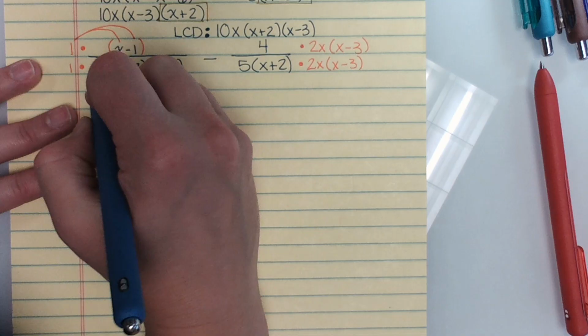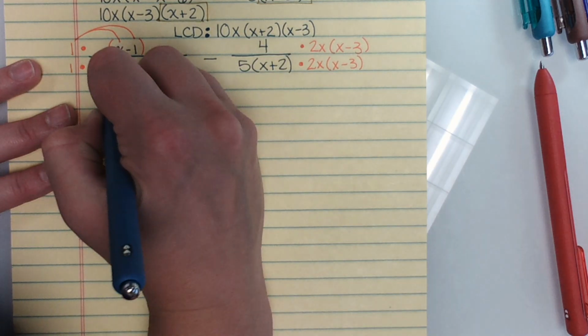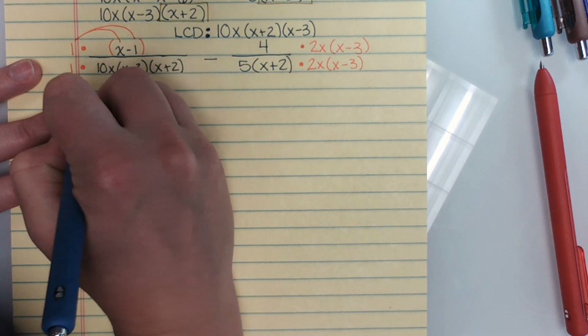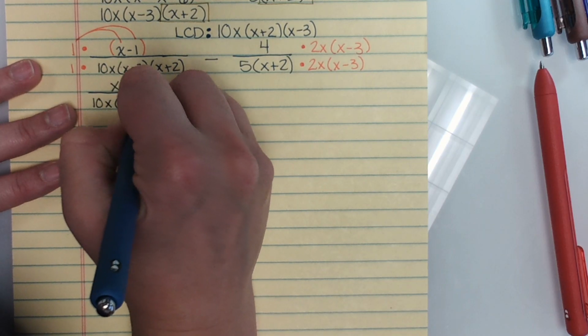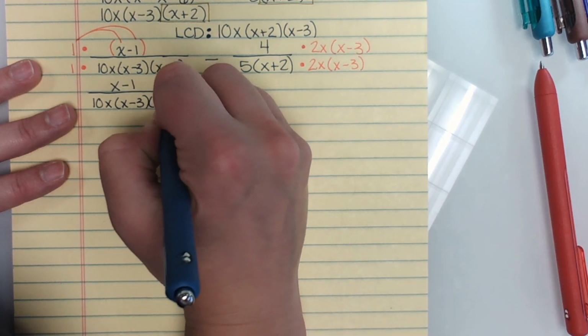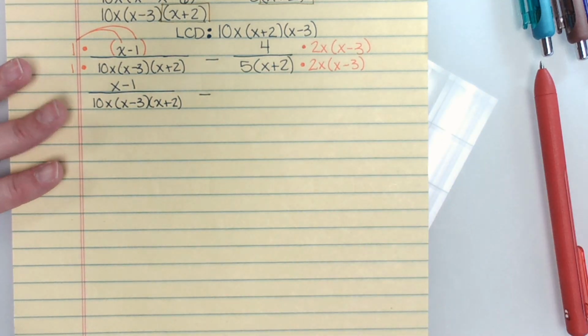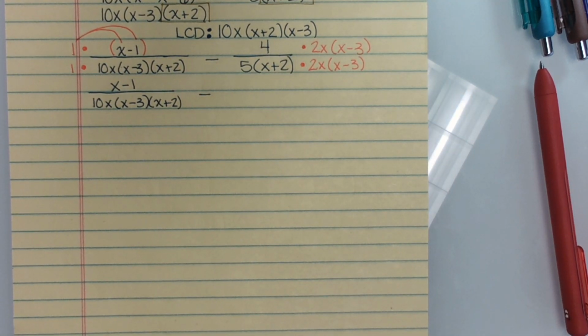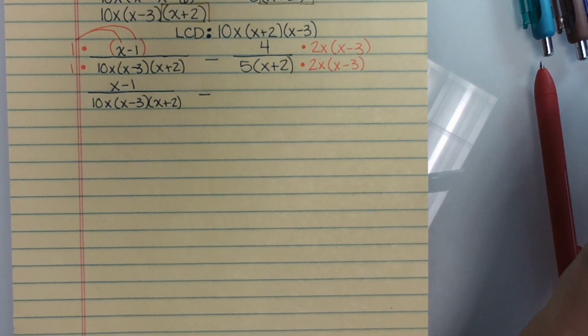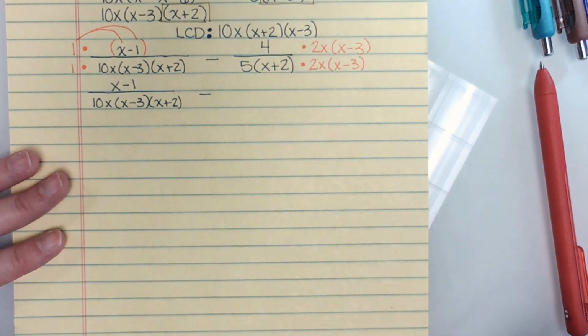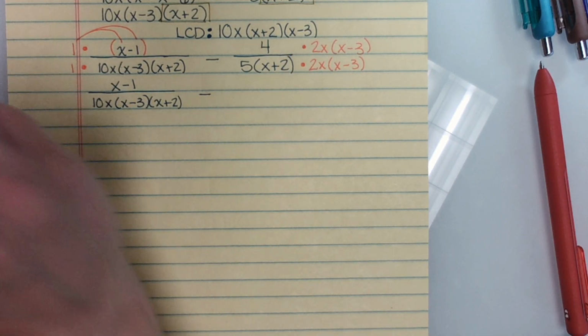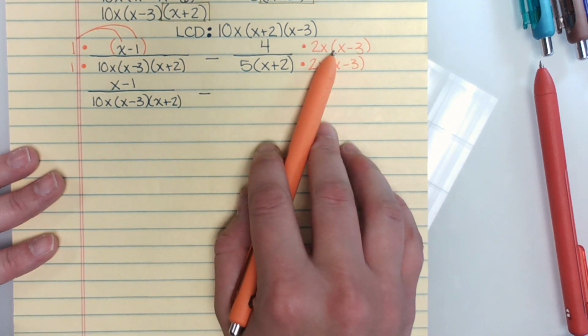The first fraction, this time around, is not changing. The second fraction, I've actually got to do some work to make this a thing. I do have the parentheses here.